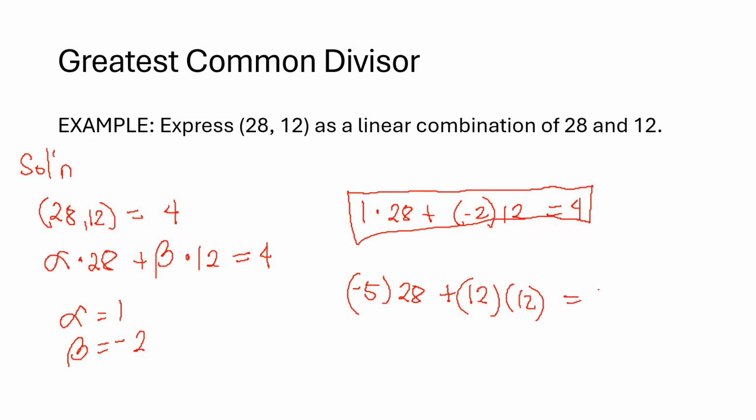So this is equal to 4. So again, when we are expressing the linear combination, the alpha and beta need not be unique.